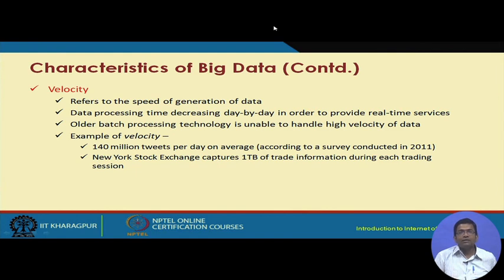For example, 140 million tweets are generated per day on average. The New York Stock Exchange captures 1 terabyte of trade information during each trading session. Just imagine how much data, at what speed, is generated in the IoT world.